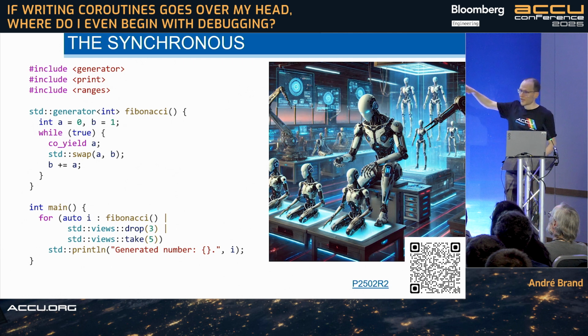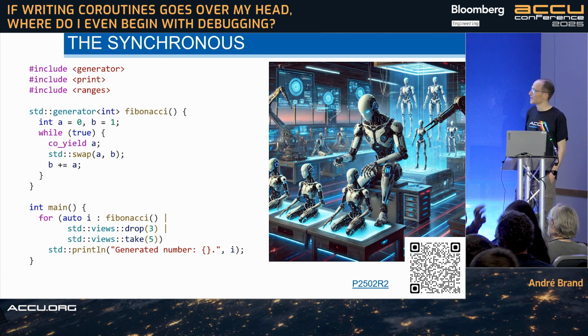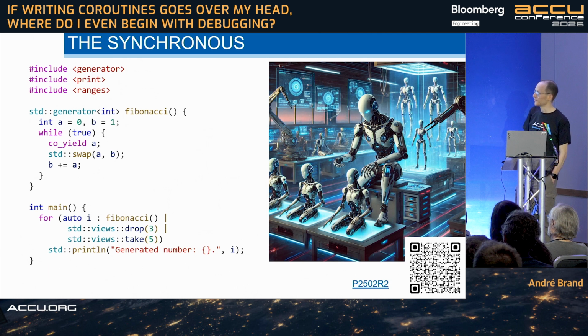So don't worry about the difference here. Co-await and co-yield. Co-yield in this scenario means that I will suspend execution of this generator and return back to my caller, return the value.